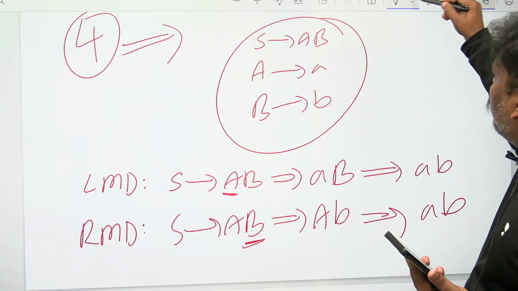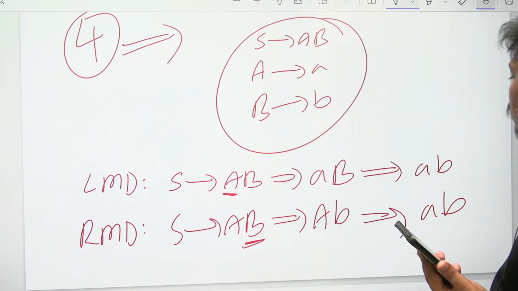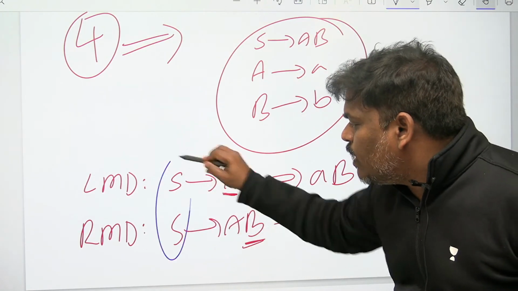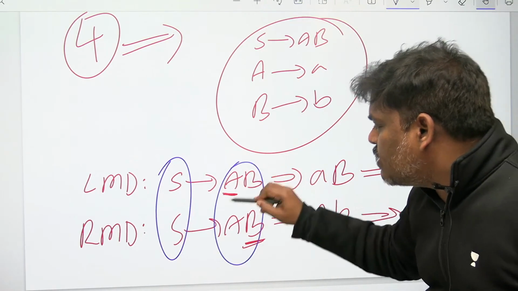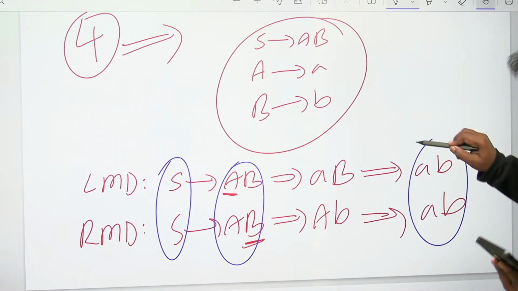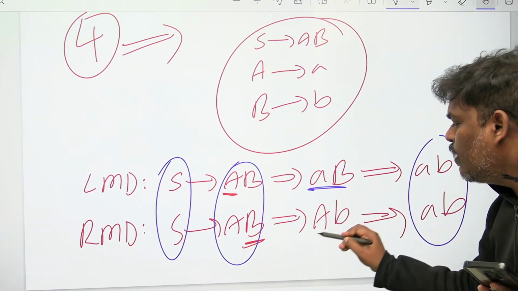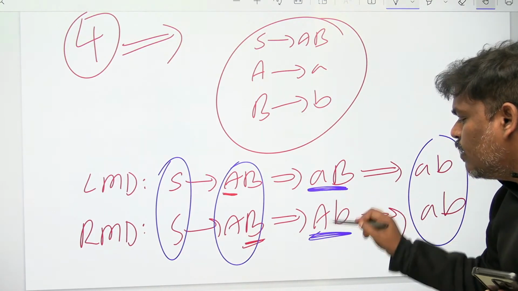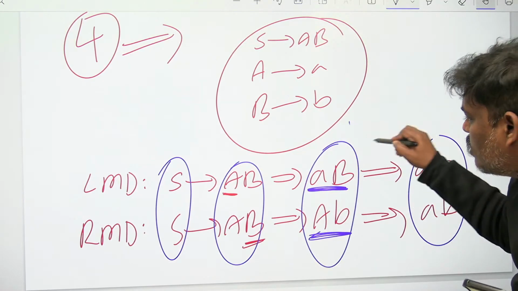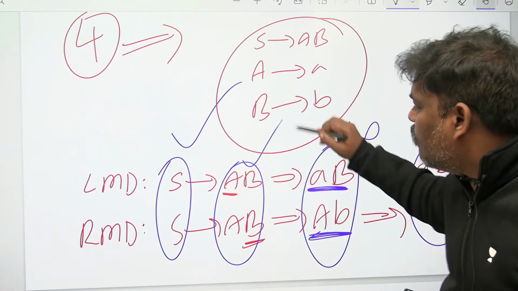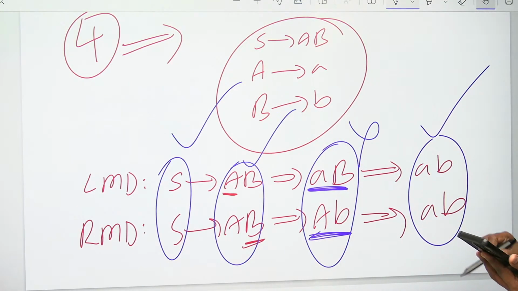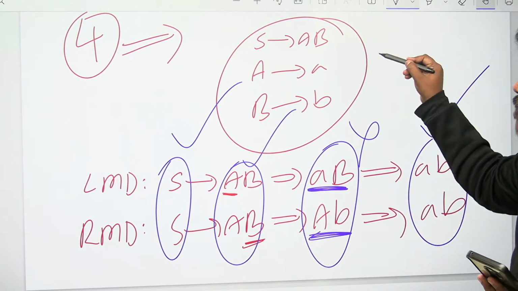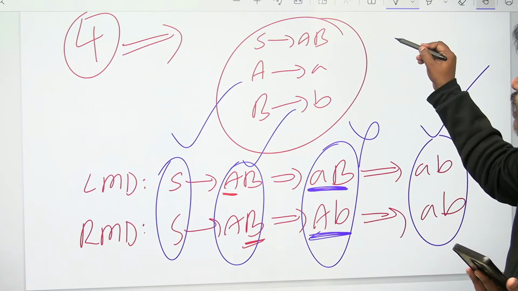If you observe the leftmost and rightmost derivations, these two steps are the same, but in the middle they are not the same. The leftmost derivation and rightmost derivation need not be the same.